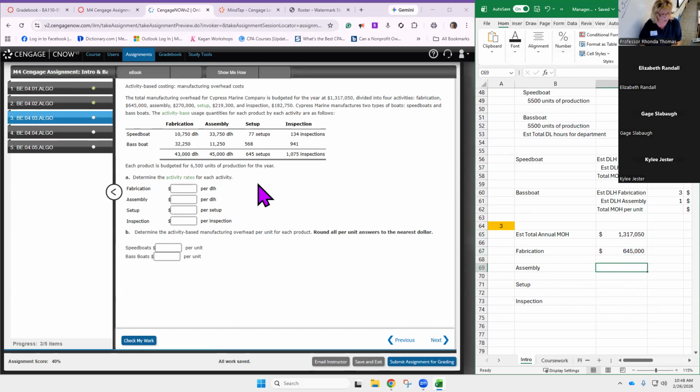So this is what's up here at the top. So it looks like the next one is $270,000. And we want to make sure that is in dollars. And then setups get overhead of $219,300. Okay, and we want that in dollars too.